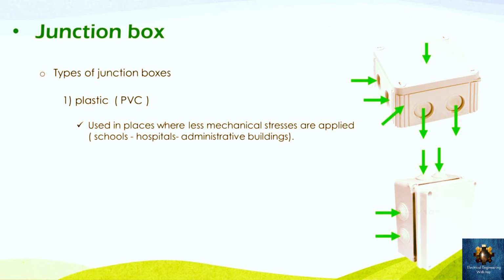And for that purpose we use this plastic type of the junction box in places like the hospitals, the schools, and the administrative buildings where less mechanical stresses are applied.